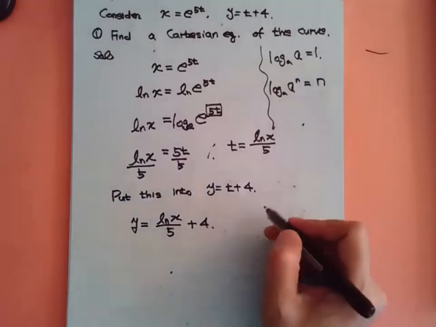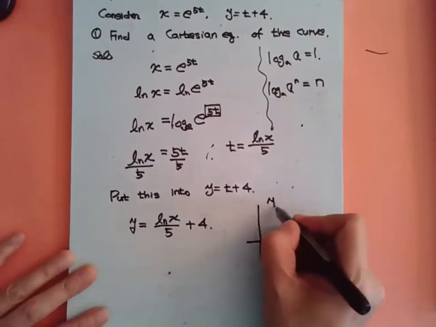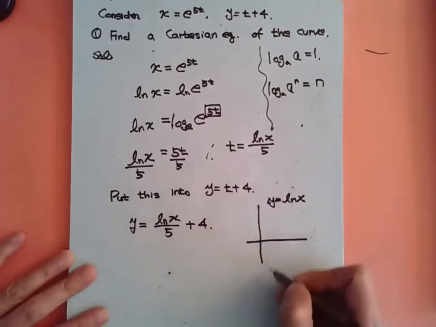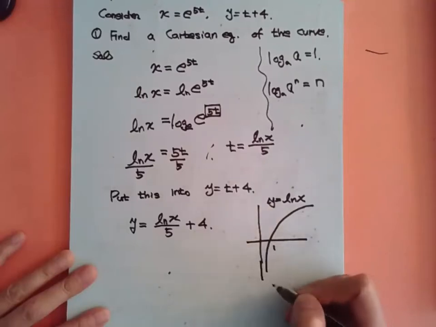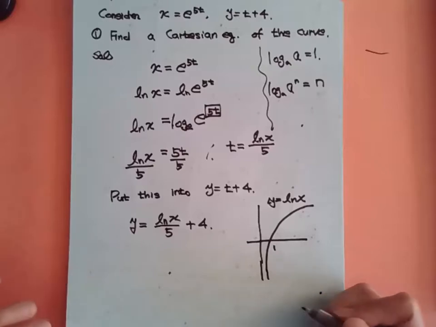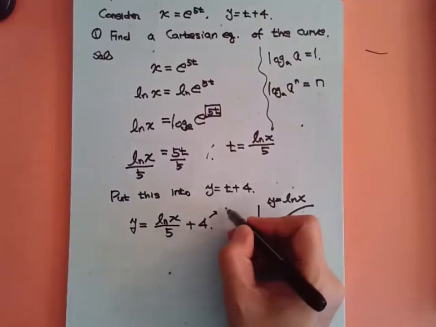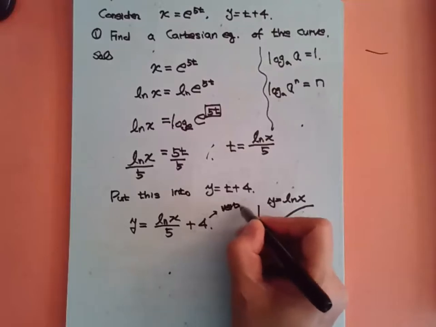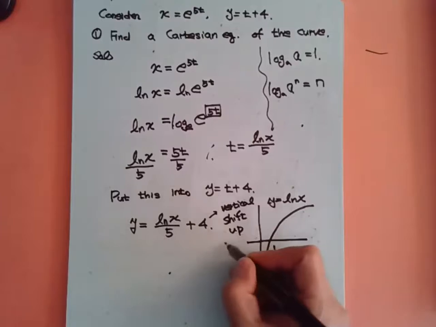What we remember from the college algebra class is when we have y equals natural log of x, the graphical pattern looks like this. X-intercept is 1, and there is a vertical asymptote that is the y-axis. If you look at the equation here, plus 4 means a vertical shift up 4 units.